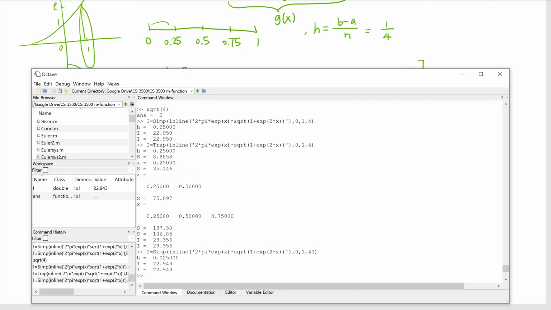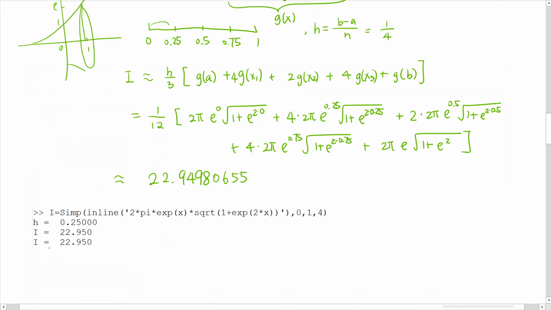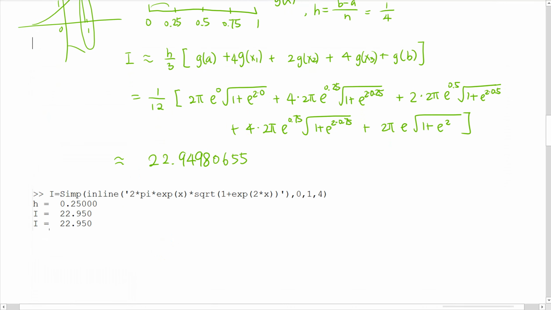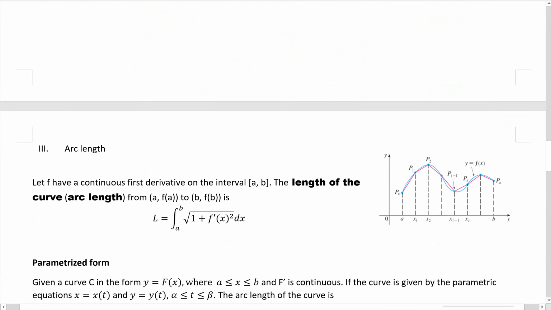And you can see the Simpsons method, even though just 4 subintervals, we get a pretty close answer, 22.950. But with the trapezoid method, we get 23.350. So we know Simpsons method actually converges faster than the trapezoid method. Okay, we get a closer approximation.